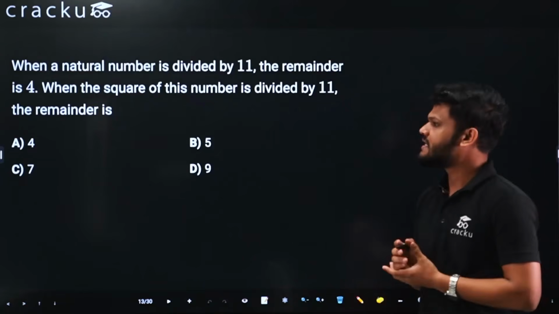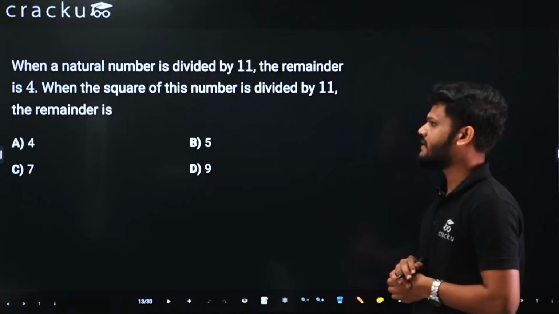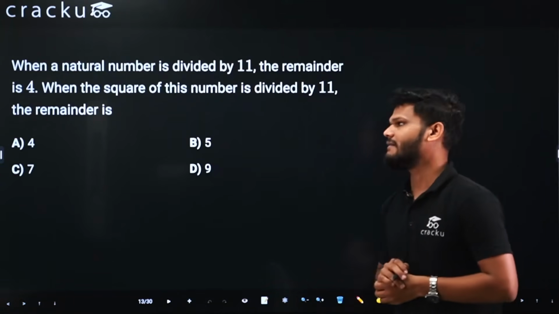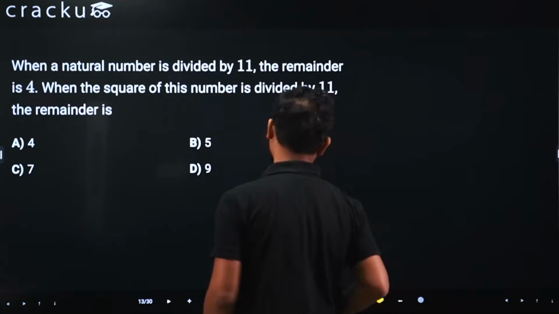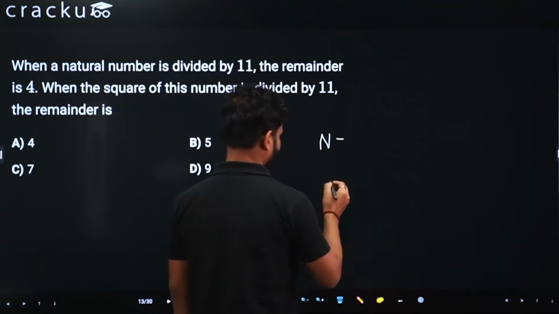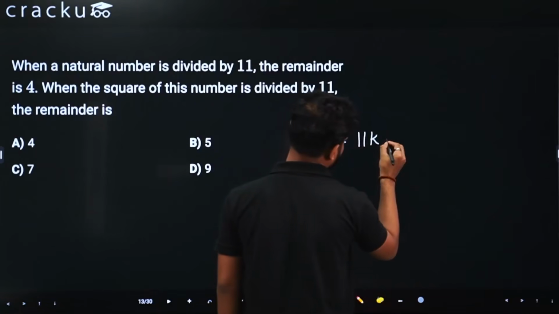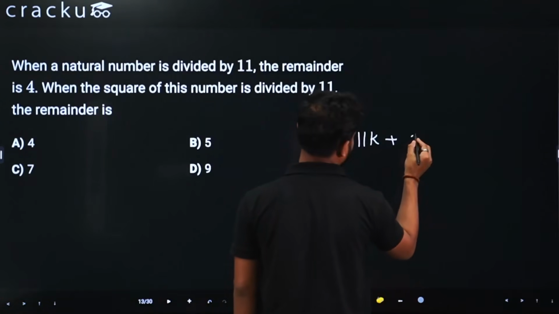Now in this question it is asked, when a natural number is divided by 11, the remainder is 4. When the square of this number is divided by 11, the remainder is what? Pretty easy question. Let us say n is a natural number divided by 11, so let us say 11k plus remainder, which is 4.